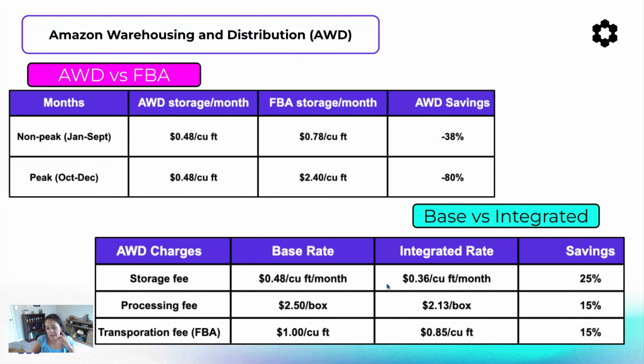So instead of 48 cents per cubic foot for storage, you're paying 36 cents. Processing fee goes to $2.13. You save another 15 cents on your transportation fees. So using more of Amazon's services actually benefits your profitability.